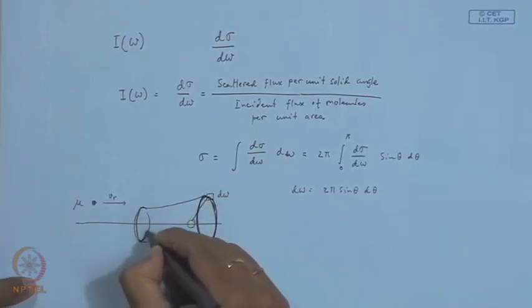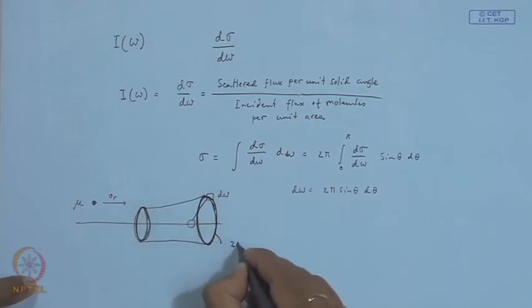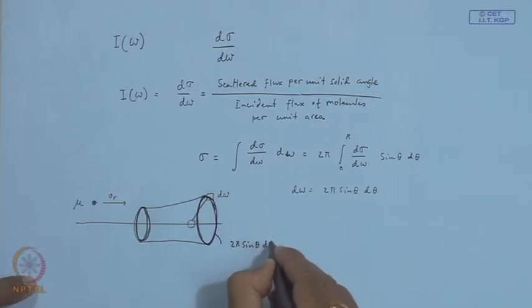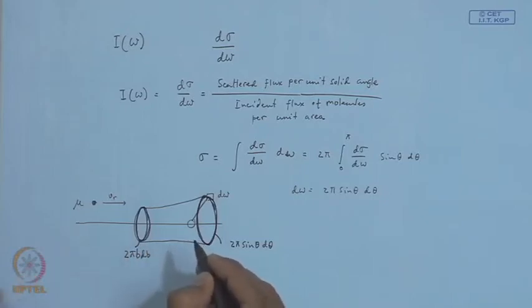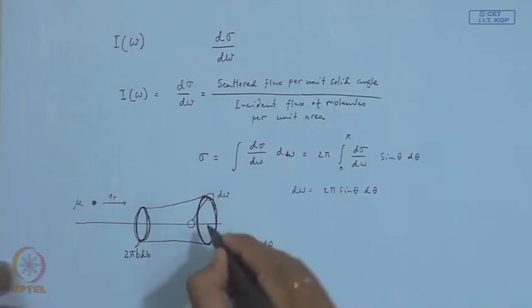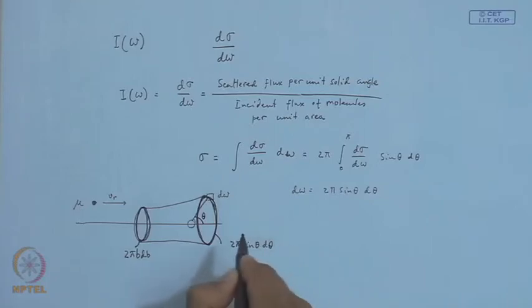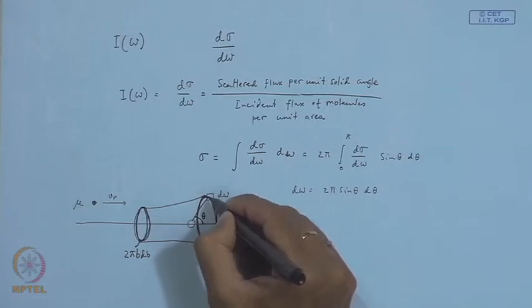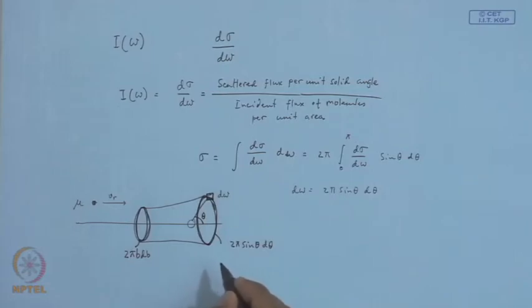This is also a strip. So this is your 2 pi sin theta d theta, and this is your 2 pi b db. And this is your angle theta, maybe in the laboratory frame. So you have to have your detector over here, I mean, you have to detect in solid angle d omega.